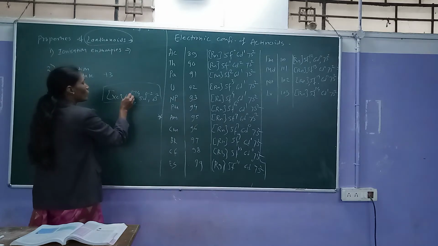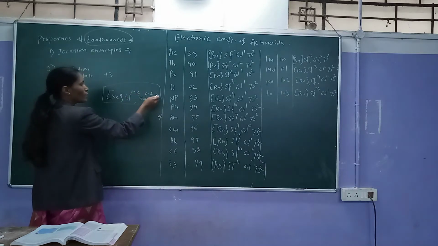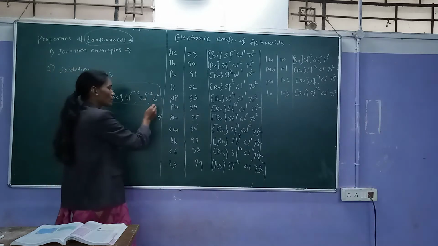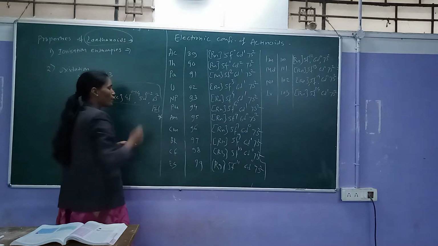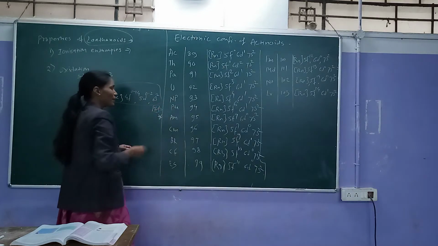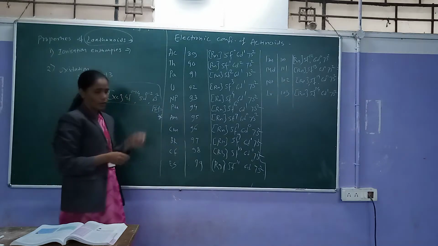The 4f electrons range from 0 to 14, 5d 0 to 2, and in 6s there are 2 electrons, one parallel and another anti-parallel. Therefore 2 electrons are lost simultaneously, and 1 electron from 4f.